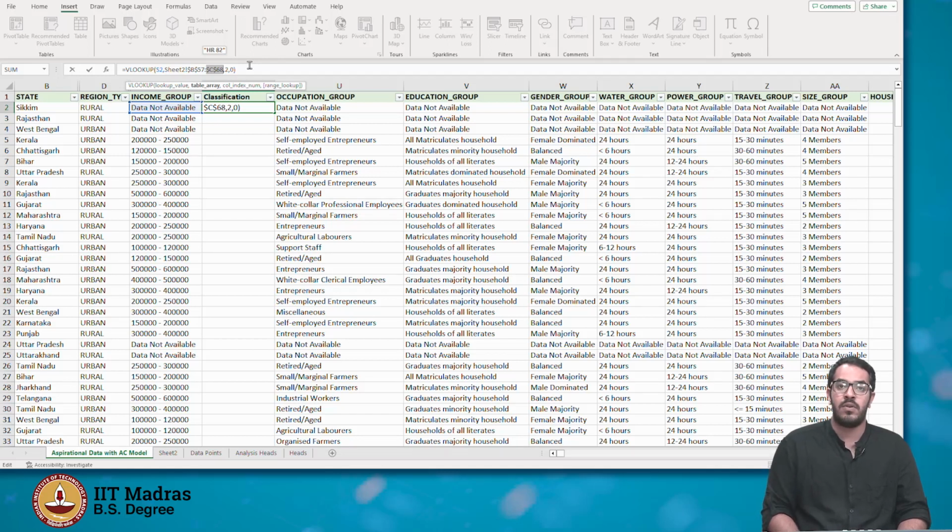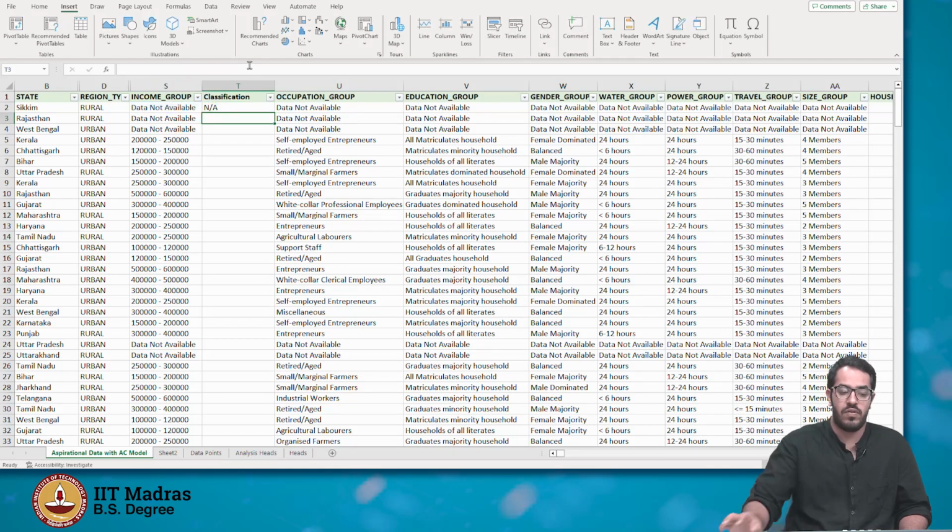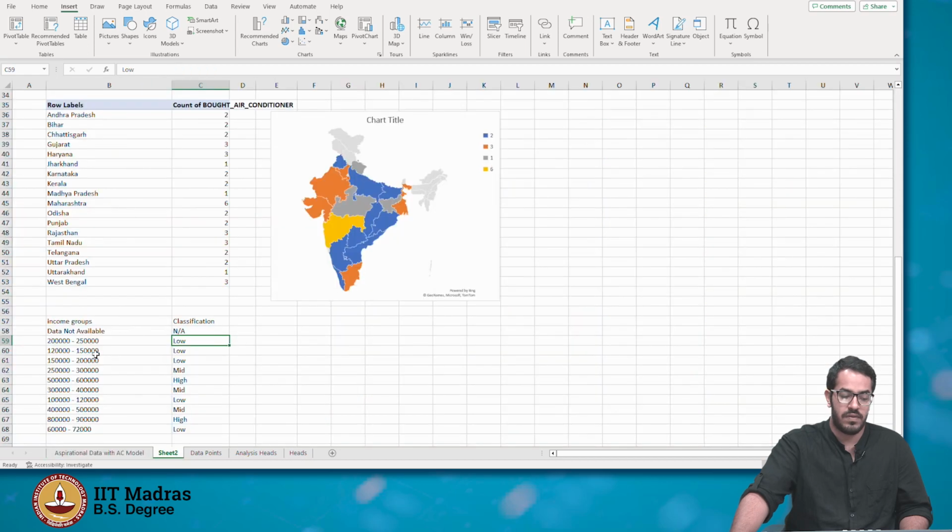Now what this did was it anchored my table where I'm getting the data from, and when I scroll or when I autofill this entire column, my source table will not be deterred anywhere. This VLOOKUP will take the data range source from this specific table only.